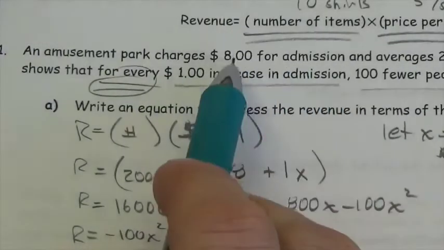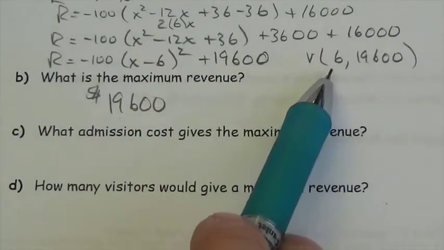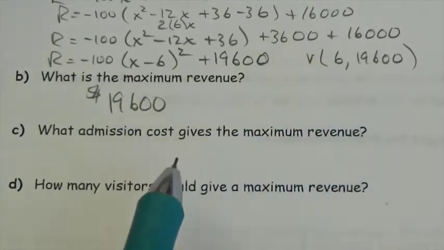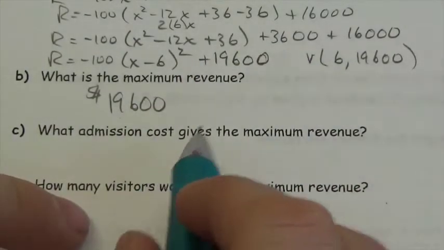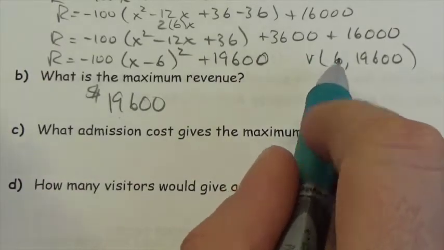It started at $8. I'm increasing it to 6? Well, that doesn't make any sense whatsoever. To use that number as this answer really doesn't make any sense logically at all. So what's happening here is I've increased it by $1 6 times.